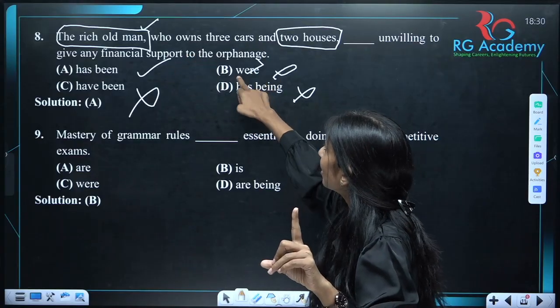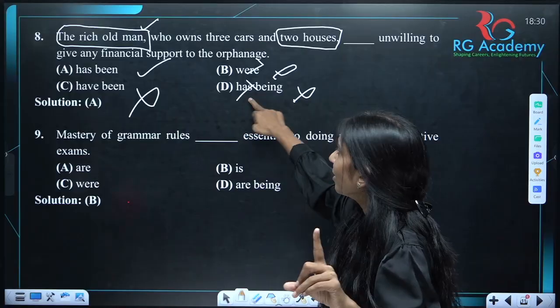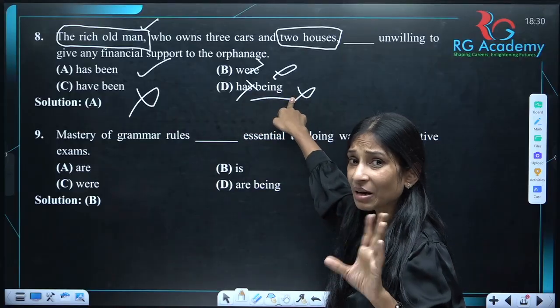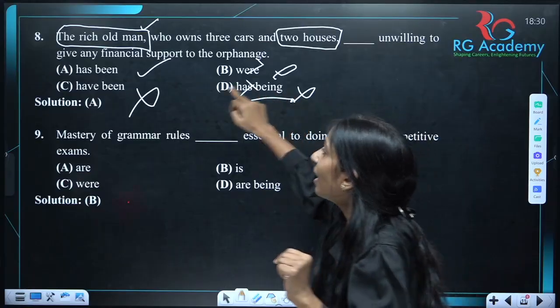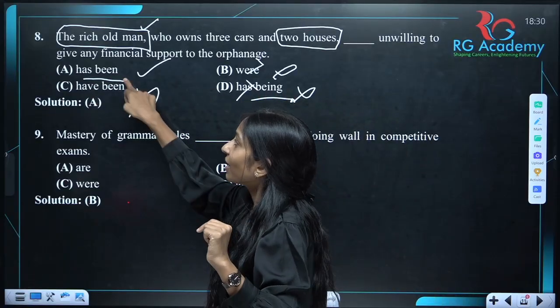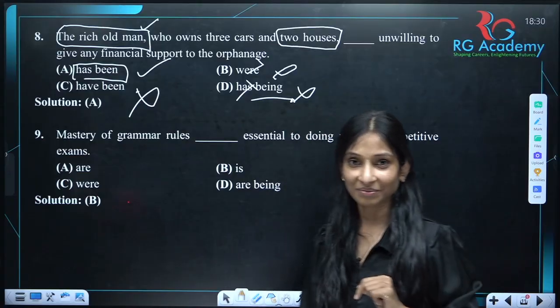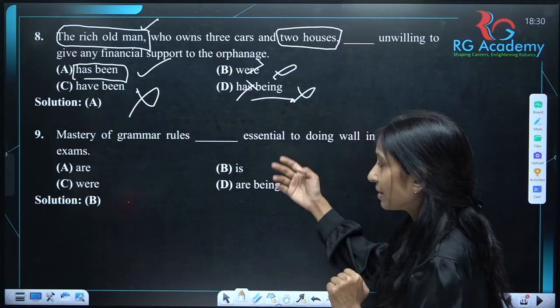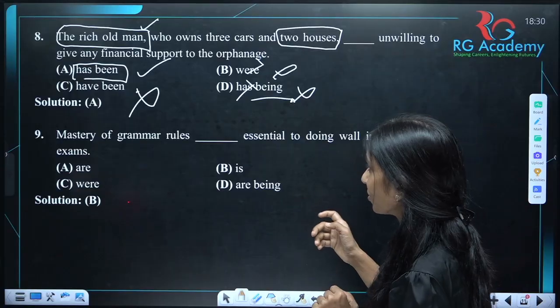So this has been ruled out. This one, has been, is correct, but "has being" is no word, right? And this is plural. So the correct answer is has been. So this is how we are going to attempt such questions.